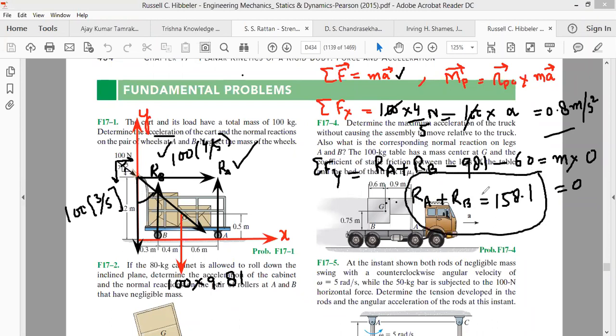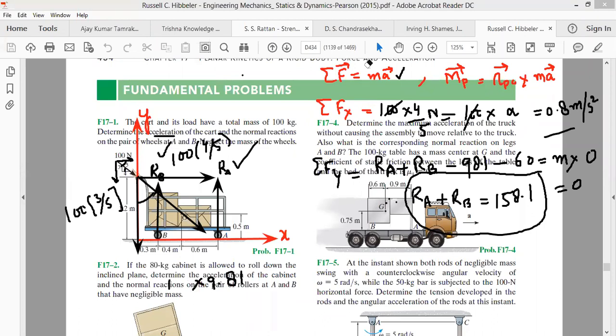Okay, this is fine. Now let's start taking moments in order to find the values of RA and RB. Let's take the moment of all these forces about point B or about point A. Let me rub this term.